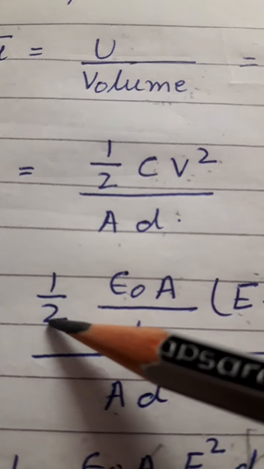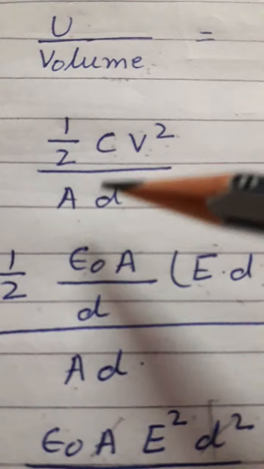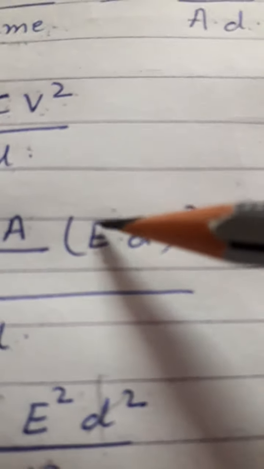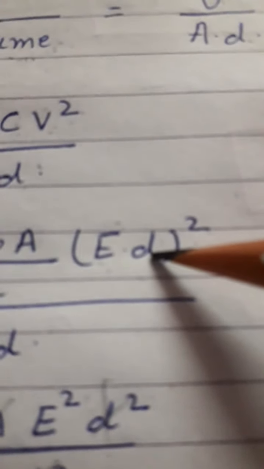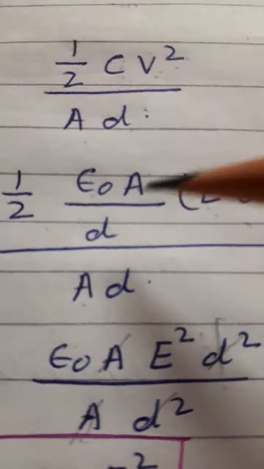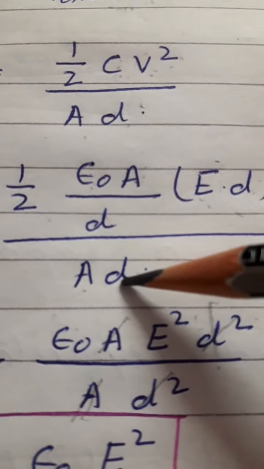Here we have taken half out, and the value of C is epsilon naught A upon D, and potential can be defined as electric field multiplied by the distance between the plates, and since it is squared, we have written square here. Now upon AD is already there, so I have written it as it is.